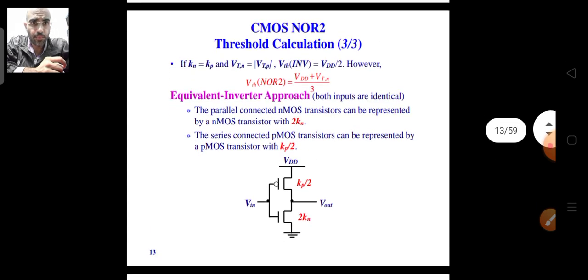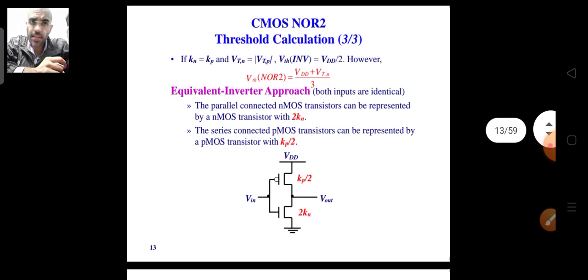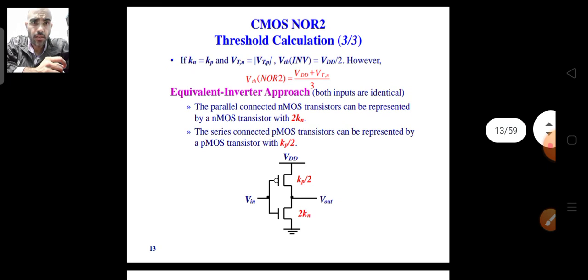Now there is another approach as well, but to understand that approach we have to first understand what we determined by finding the various regions in which our transistor operates. You can find the threshold voltage if you know the formula for the threshold voltage of the inverter.